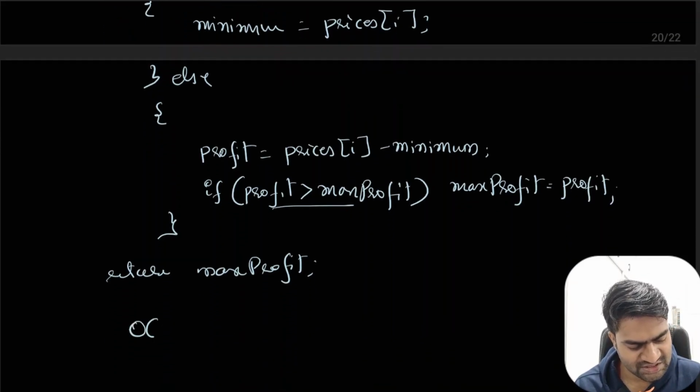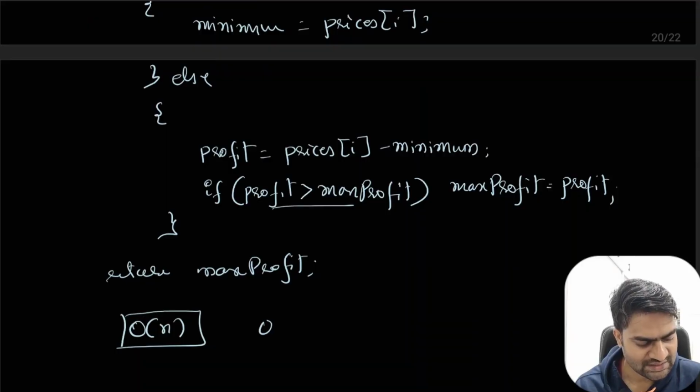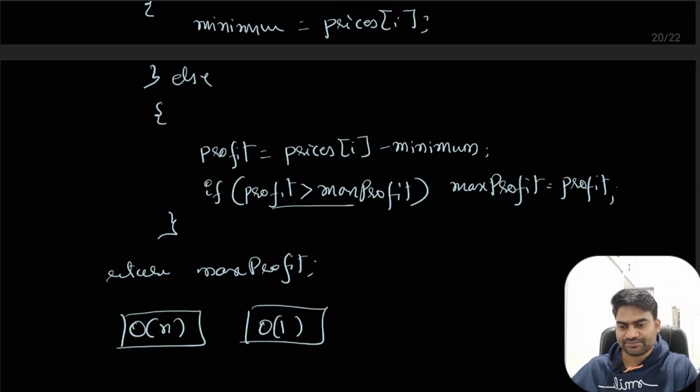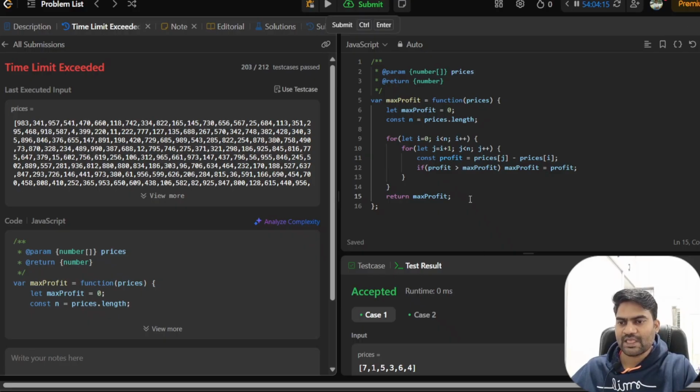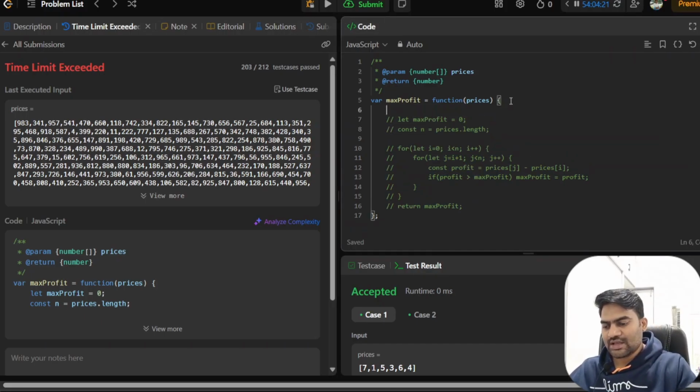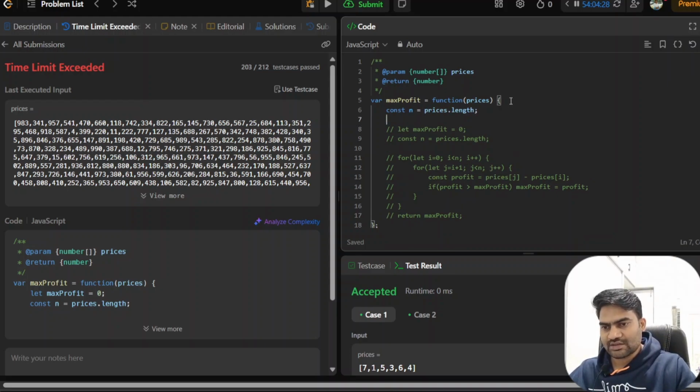So there is no change in time complexity. It is O of n, and there is no change in space complexity, which is O of 1. Okay. With that, let us try to execute and see. So what I will do, I will comment this out, then const n equal to prices dot length. Okay.